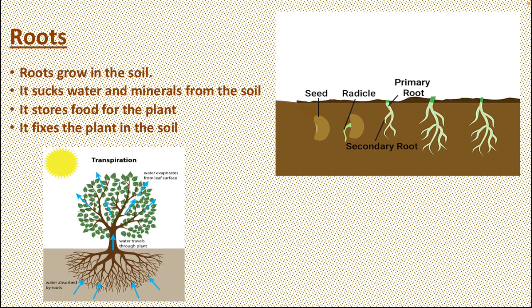Roots perform various functions that are necessary for the survival of the plant. Roots are the reason plants remain attached to the ground. They support the plant body, ensuring that it stands erect. You cannot push or pull the tree with your hands because it is fixed in the ground in a firm position.